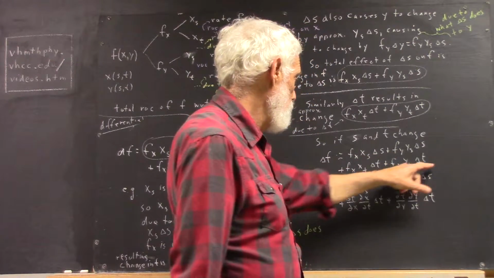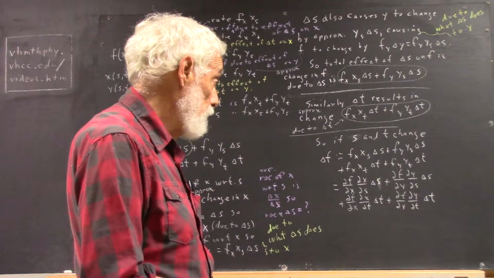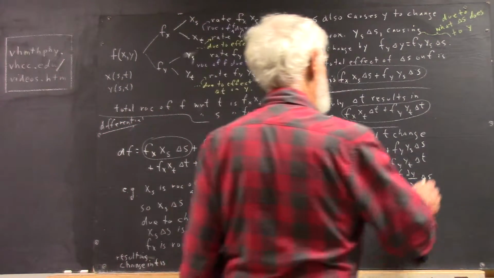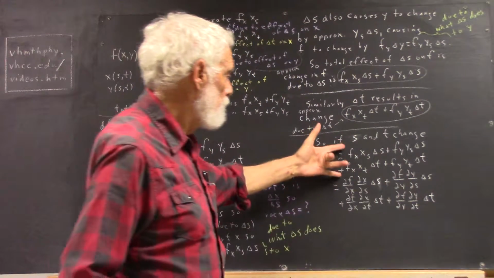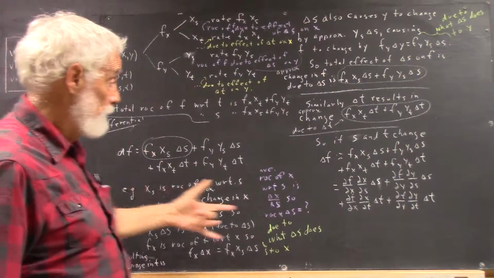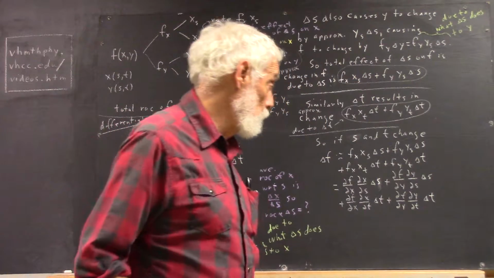And then you have the same thing for what delta T does. I'm not going to say it all for delta T. And this is just the same expression we had over here. I'm just explaining it in a number of different ways.